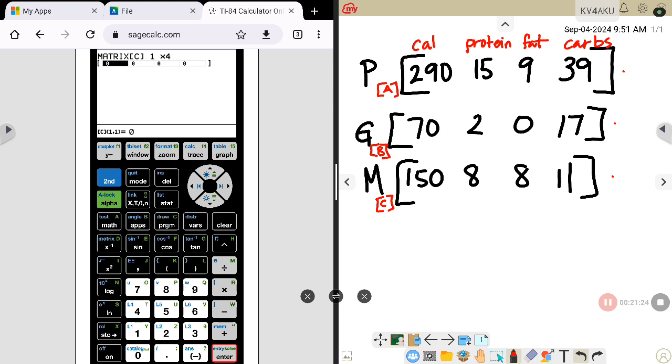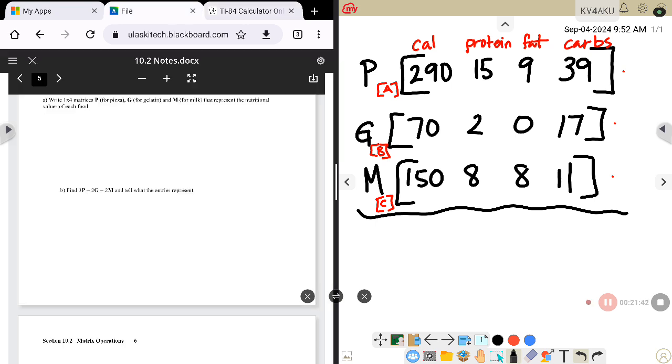And then enter those values. So 150, 8, 8, and 11. So now we have entered all of this into our calculator.